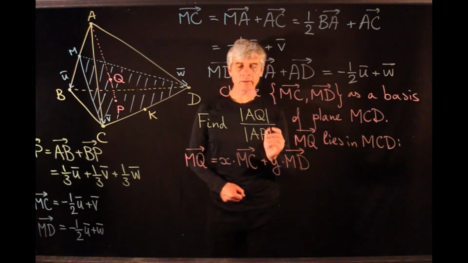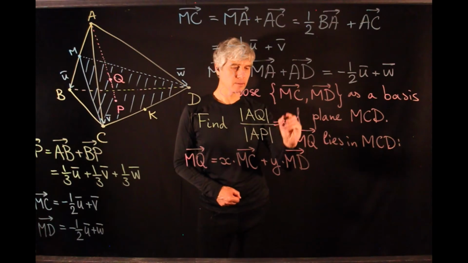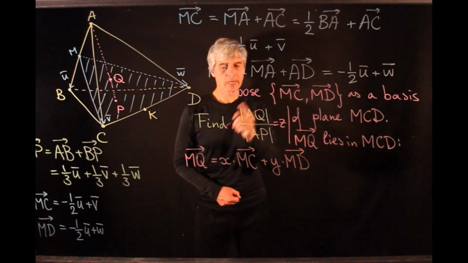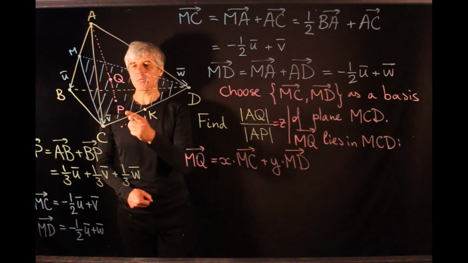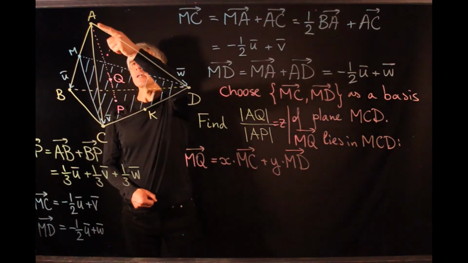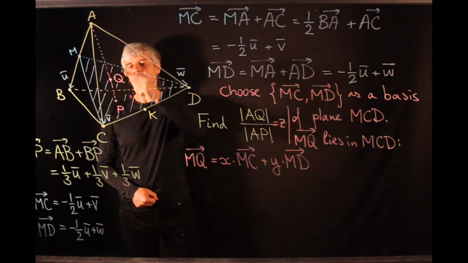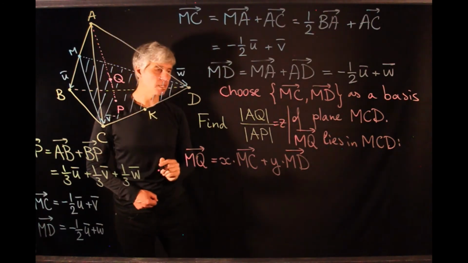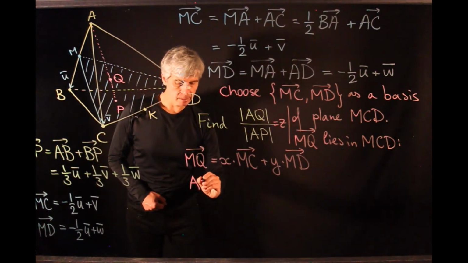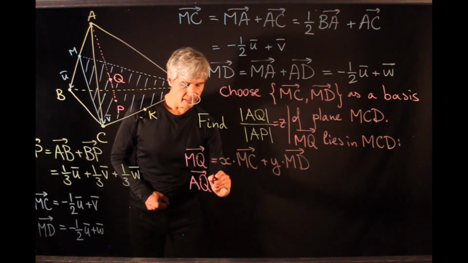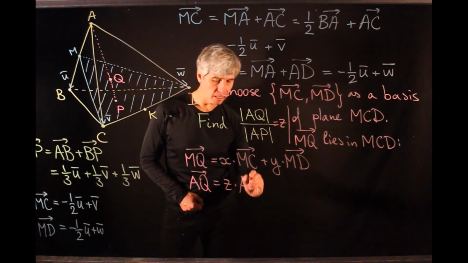And finally, if we denote by Z the ratio that we need to find, the vector AQ is a multiple of vector AP. And so we can write AQ as Z times the vector AP.